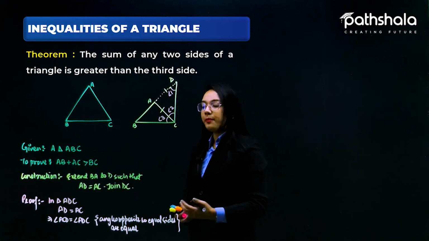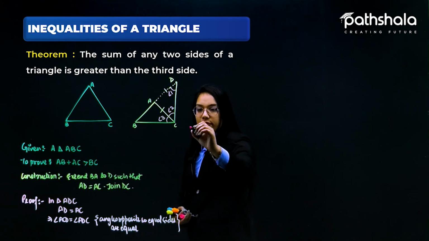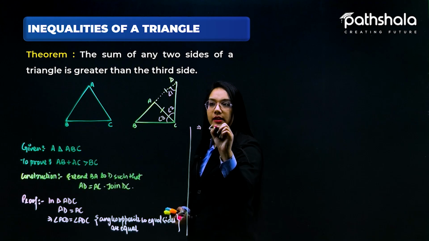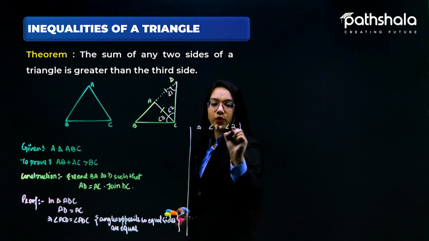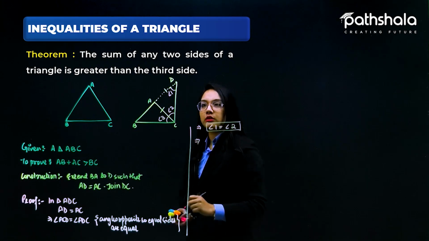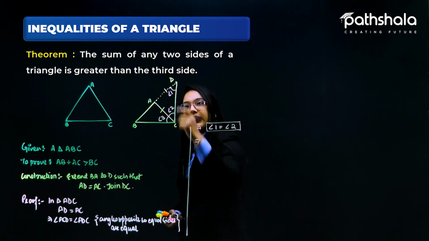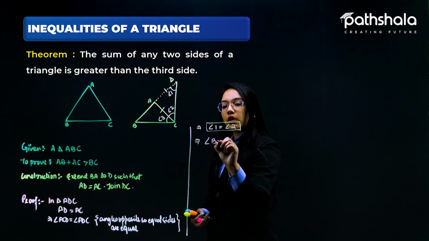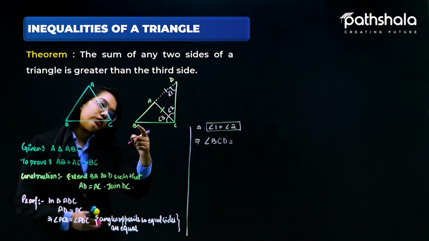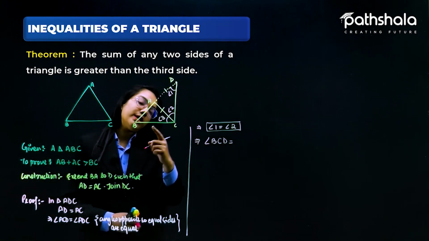Now, moving on further, we know that angle 1 is equal to angle 2. We know about this concept. Further, let's move on to the angle BCD. What can we say about this angle BCD?